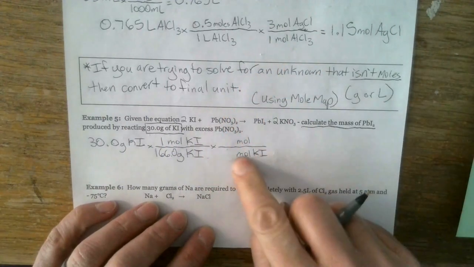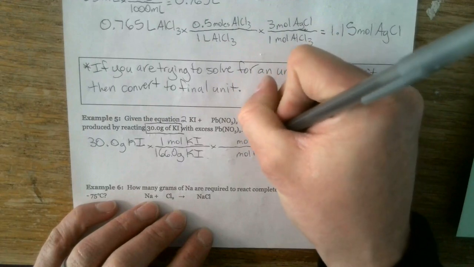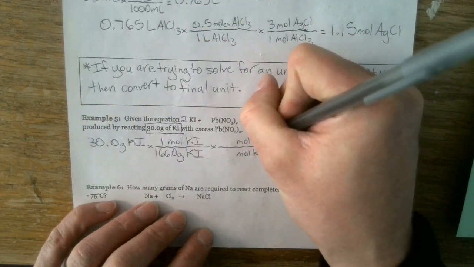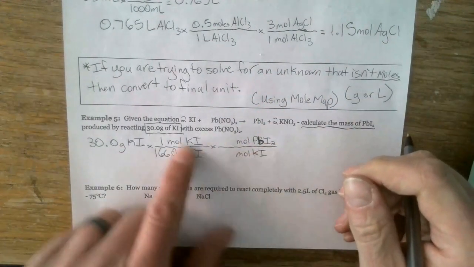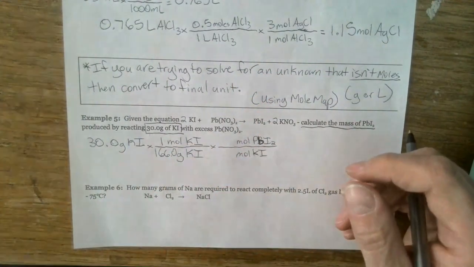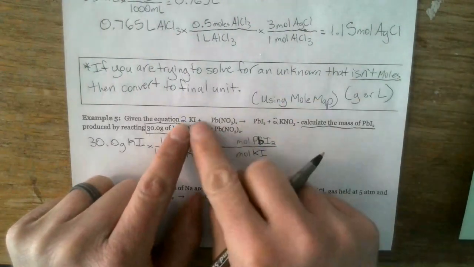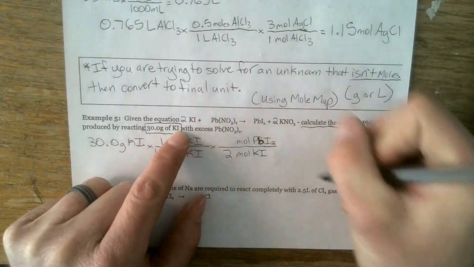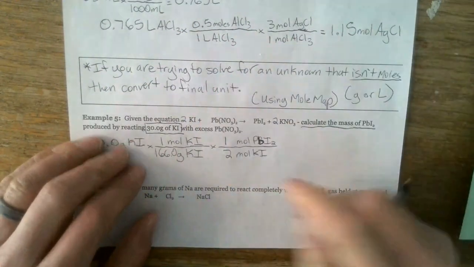So we can't go straight from moles of KI to grams of PbI2. Oops, sorry, that should be a lowercase b. Okay, we need to first convert from moles of one substance to moles of the other, and then we can get to grams. So we look at our balanced equation. We've got 2 for our ratio for KI, and then PbI2 is 1.